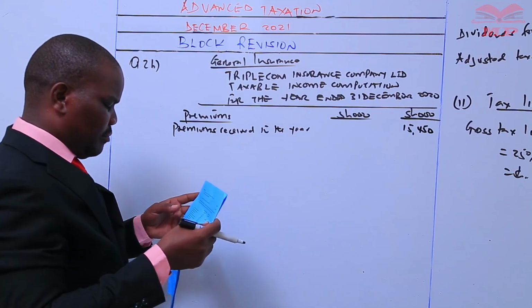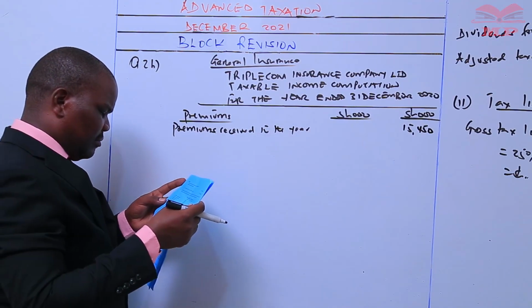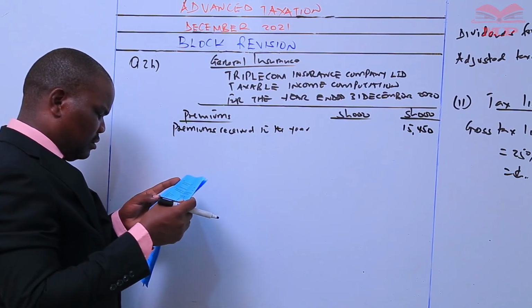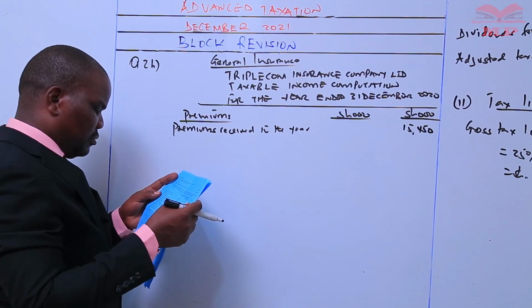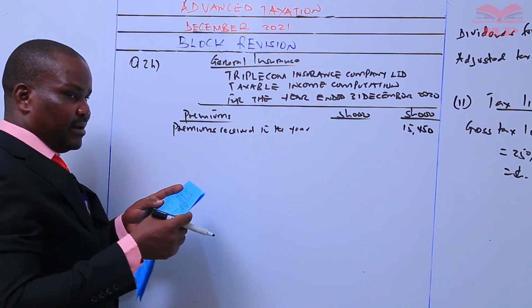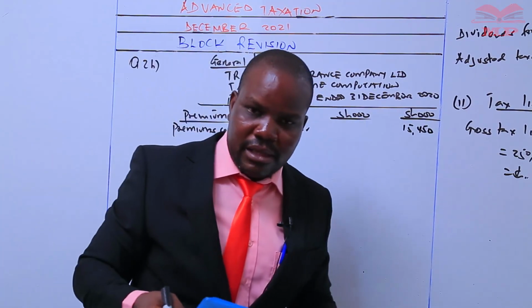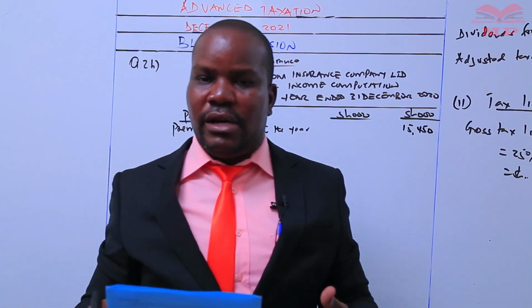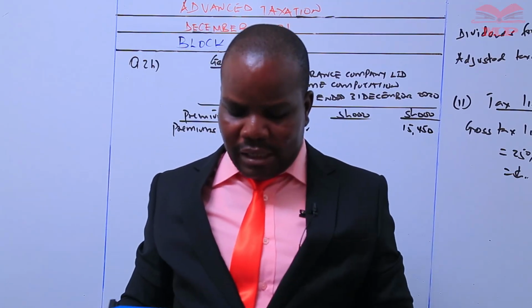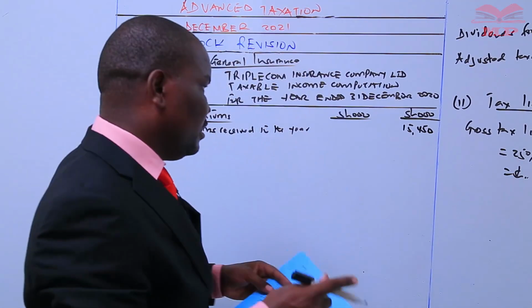Then we adjust the premiums received with any items that are available. If you move downwards, we have what they are calling returned premium. That is premiums that were received by the insurance company from the insured, but given back, or rather returned back to the insured. So that means we deduct it.